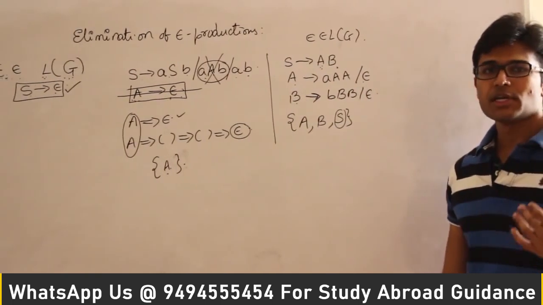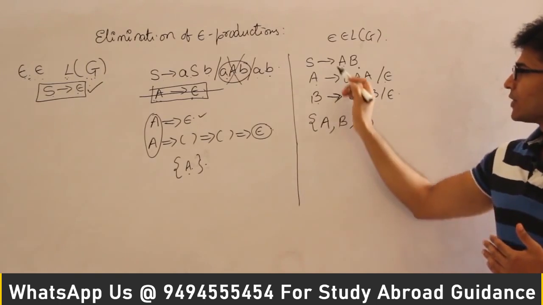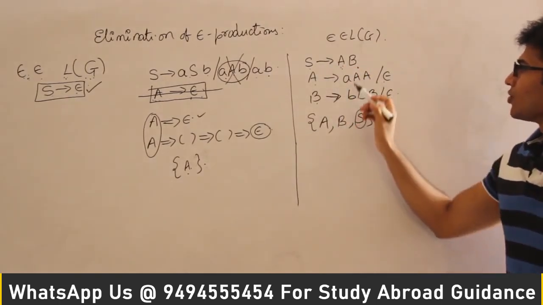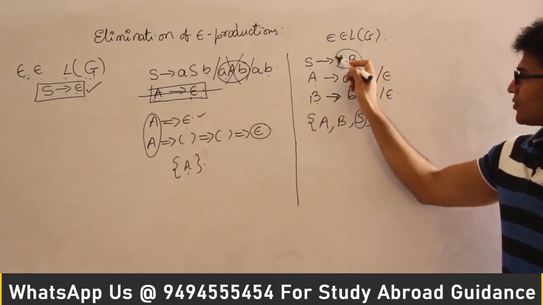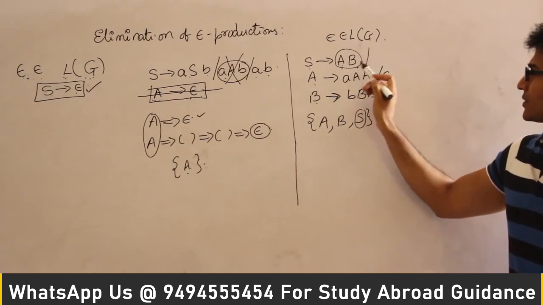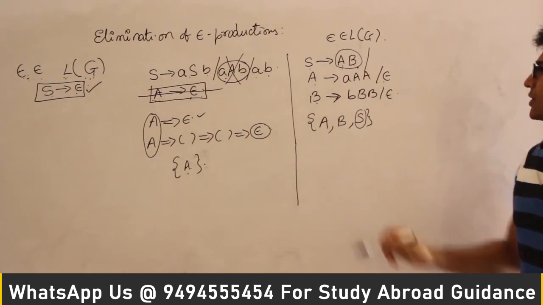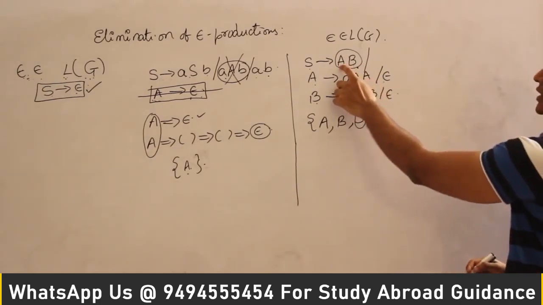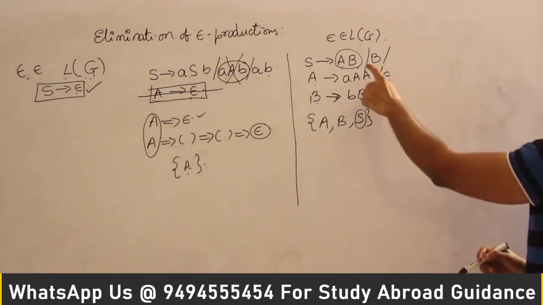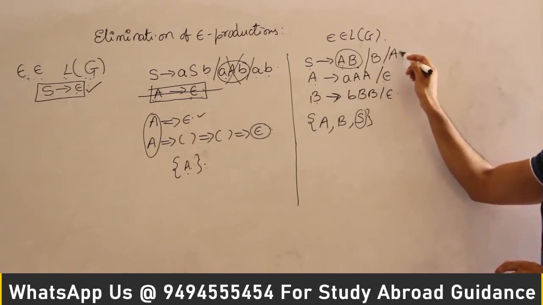So you may not be able to eliminate all the null productions. You should at least have one null production, S derives epsilon. So let's see how to eliminate this. Go to every right hand side and you try replacing it with and without those nullable symbols. See this? Now A and B are nullable. Let me consider A first. Now write it with A and without A. Therefore I am going to get B. And let me consider B. Write it with B and without B. Then I will get A. Isn't it?